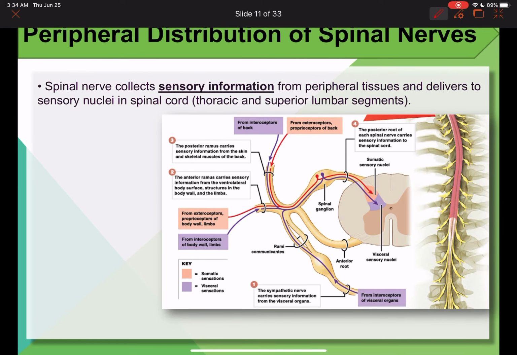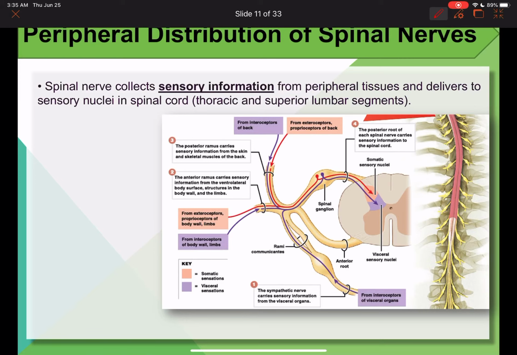All right. So now that we have talked about the different parts of the spinal cord pretty clearly, and we know what are the ramus, what are the spinal nerve, what are the horn and roots. Now we can follow the peripheral distribution of spinal nerves, how does sensory information arrive at the spinal cord, or how does motor information go outwards from the spinal cord, and what route do they take when they're coming from or going towards different parts of the body.